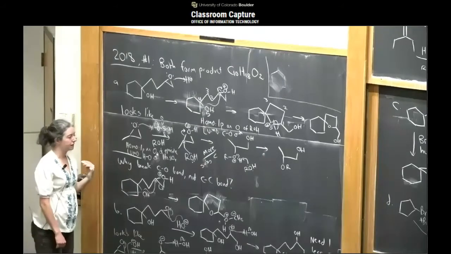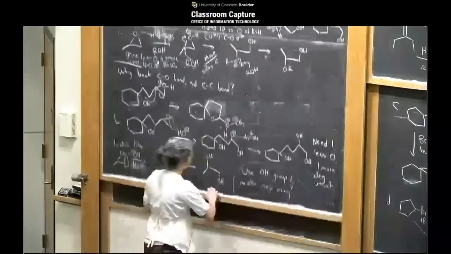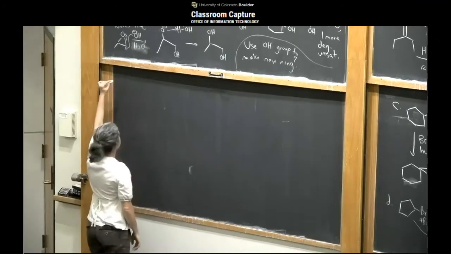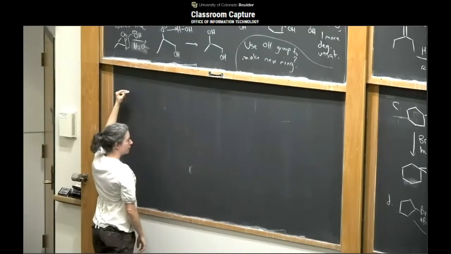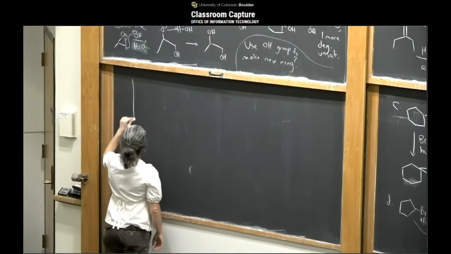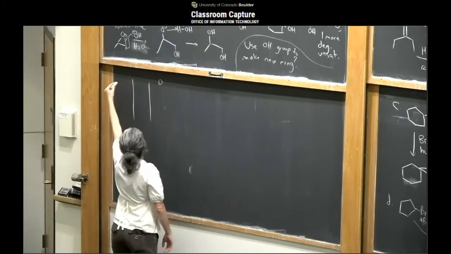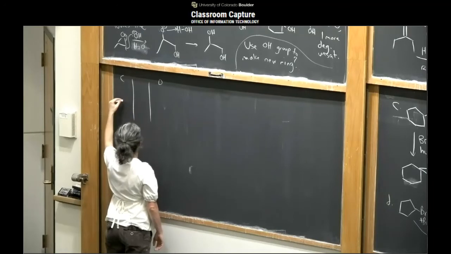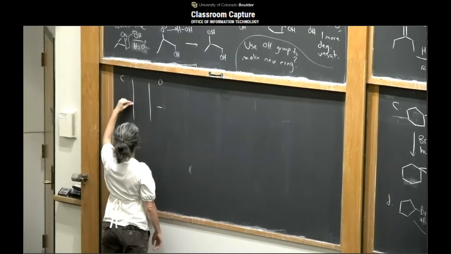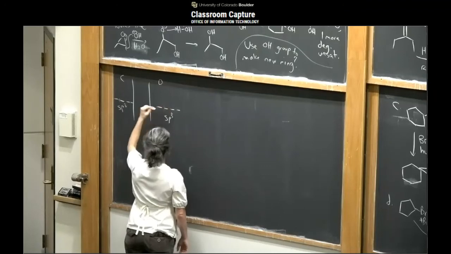Yeah, so let me come down here. Maybe if we draw a really simple version of the MO diagram, say we're looking at the CO bond. So you've got sp3 hybridization on both.